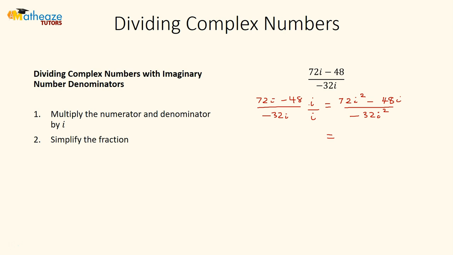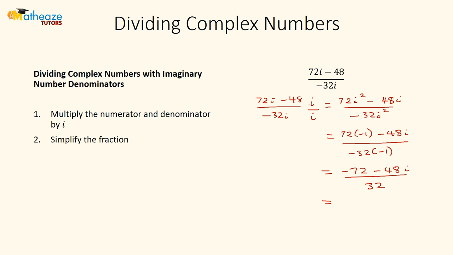This is going to give us 72 multiplied by negative 1 minus 48i over negative 32 multiplied by negative 1. So negative 72 minus 48i divided by 32.